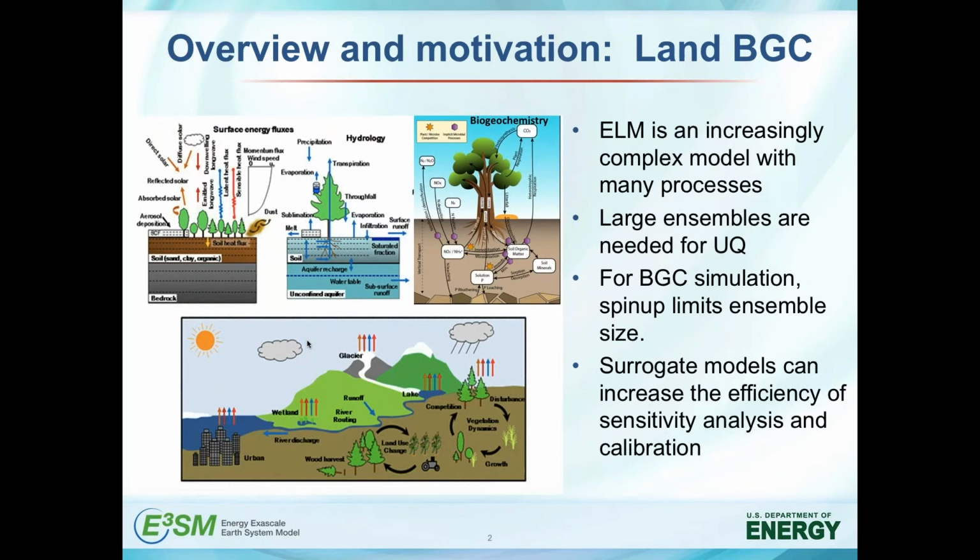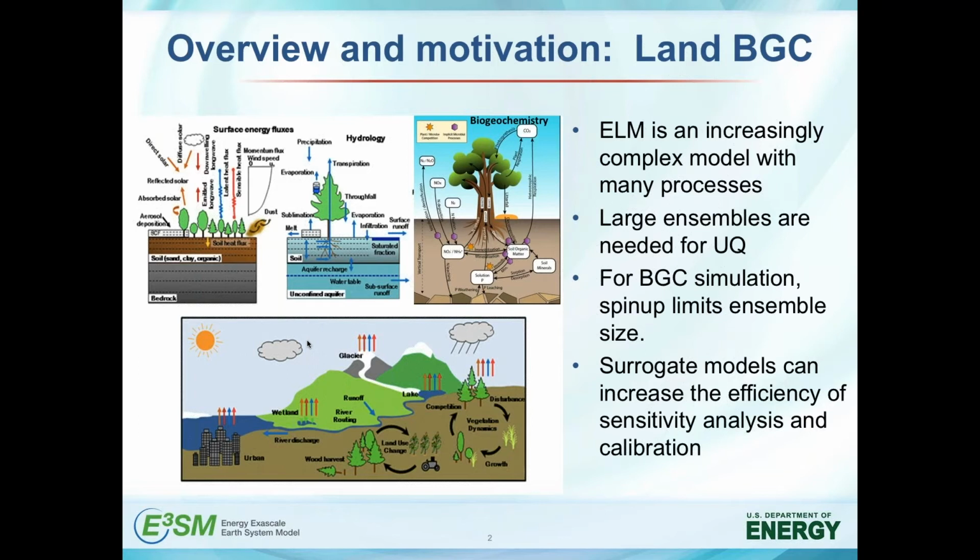So we kind of inherited this model as coming from CLM 4.5, but since then the model's become even more complex and many things are being considered in terms of new processes. We're thinking about coastal processes. We're thinking more about human interactions, vegetation dynamics, for example. And so these models are becoming more complex over time.